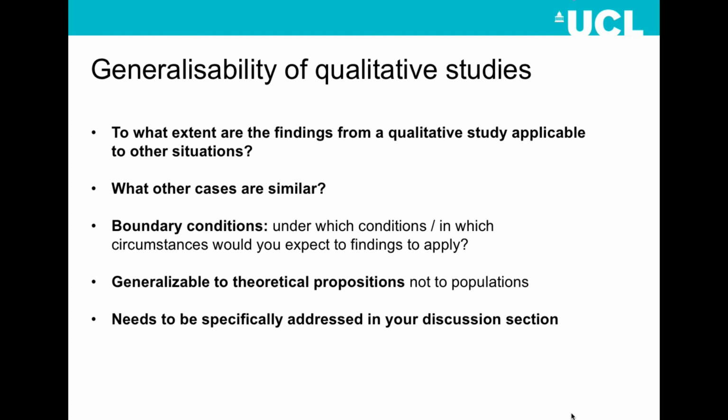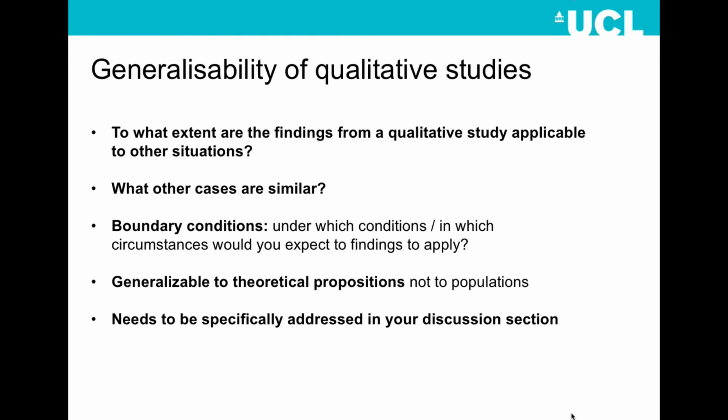So sometimes you will have to look for other cases which are similar in the literature or that are consistent with the conclusions from your case study. Also, you need to consider the boundary conditions, basically under what conditions or circumstances you think that your findings could be applied.